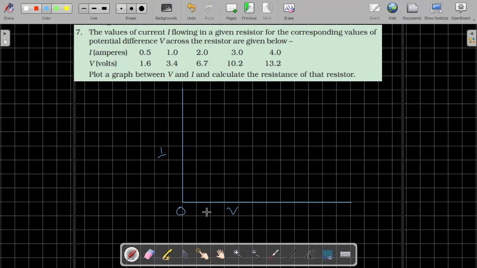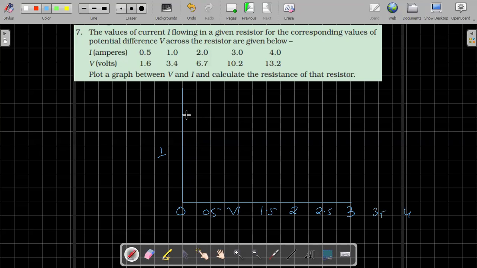So this is 0, let's say 0.5, 1, 1.5, 2, 2.5, 3. And you have at last 3.5 and 4. So you have 3.5 here, 4 over here. The current will be taken here on the y-axis.